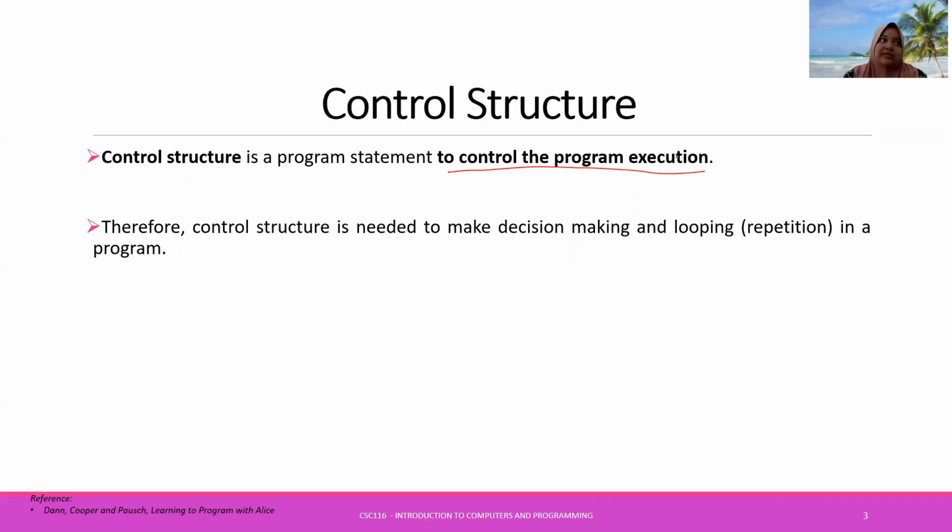When we talk about sequence, it starts from the input, process and output. Second, you have the selection, or in CSC 116 we call it decision making. The third one is looping, also known as repetition. We use all 3 to control our program and to design our code.